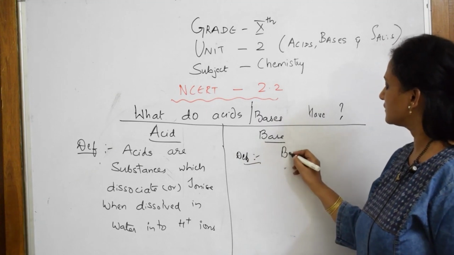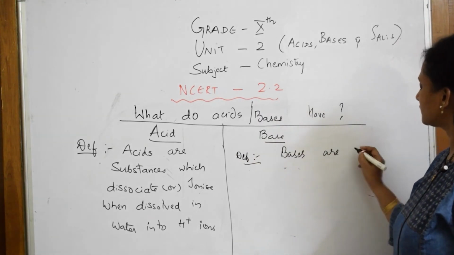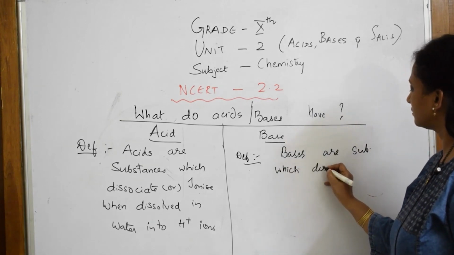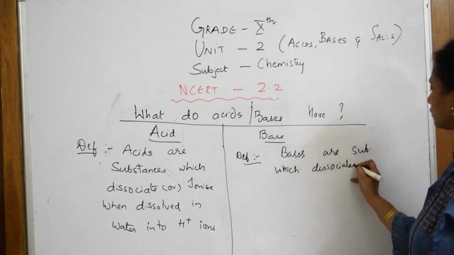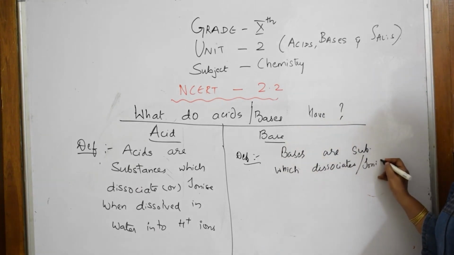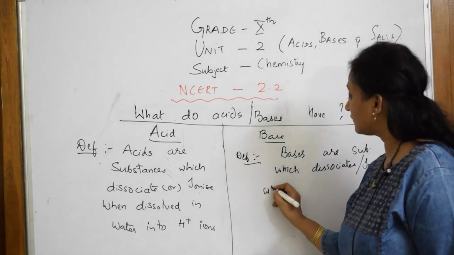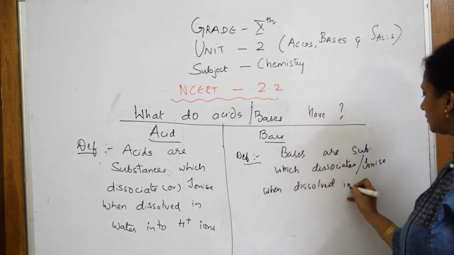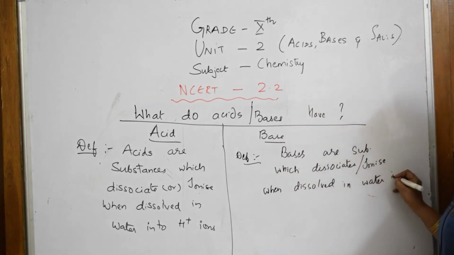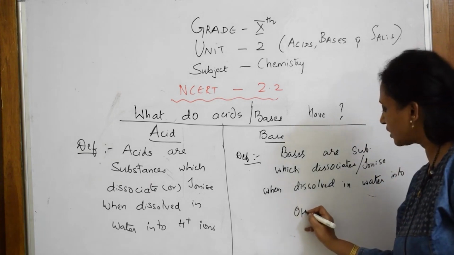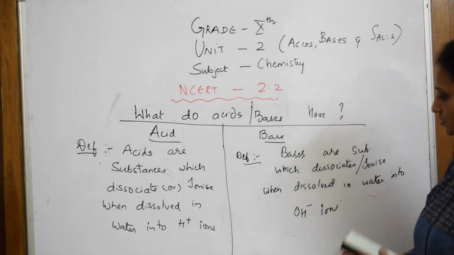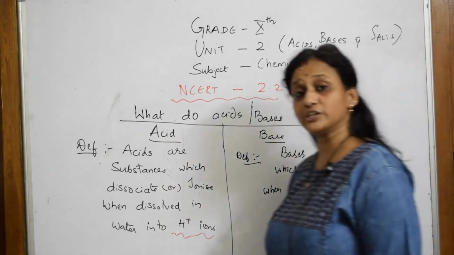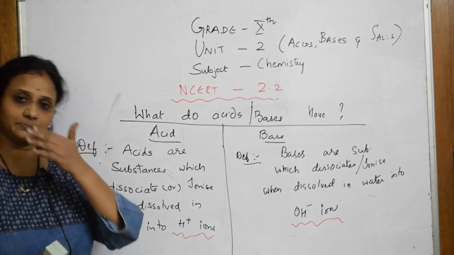Bases are substances which dissociate, dissociate meaning breaking up into two or more substances, or ionize when dissolved in water, into OH minus ions, hydroxide ions, right? So let us underline this. Acid means H plus ions, base means OH minus ions. Please note this. This is the basic definition.